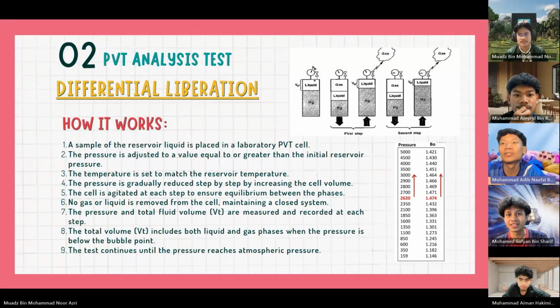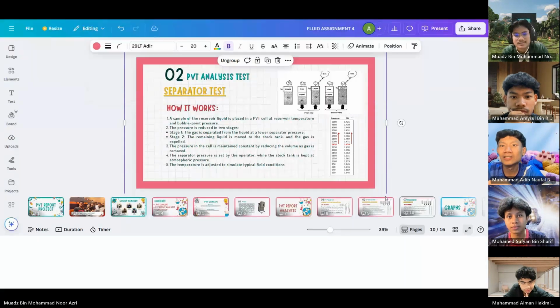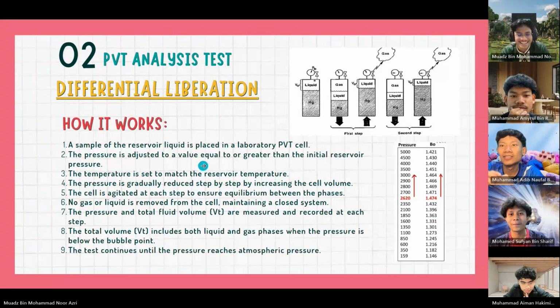Okay, next we go for differential liberation. So how does it work? First, a sample of the reservoir liquid is placed in the laboratory PVT cell.